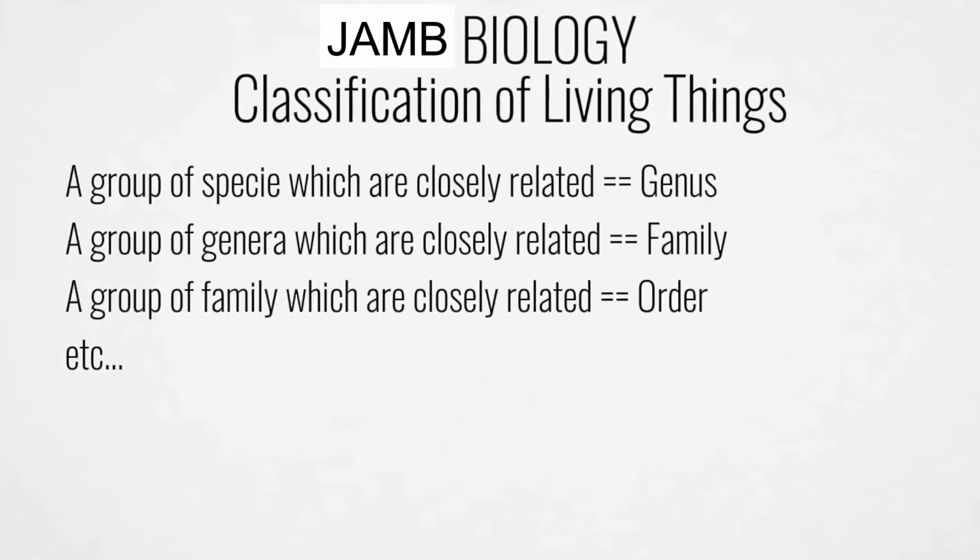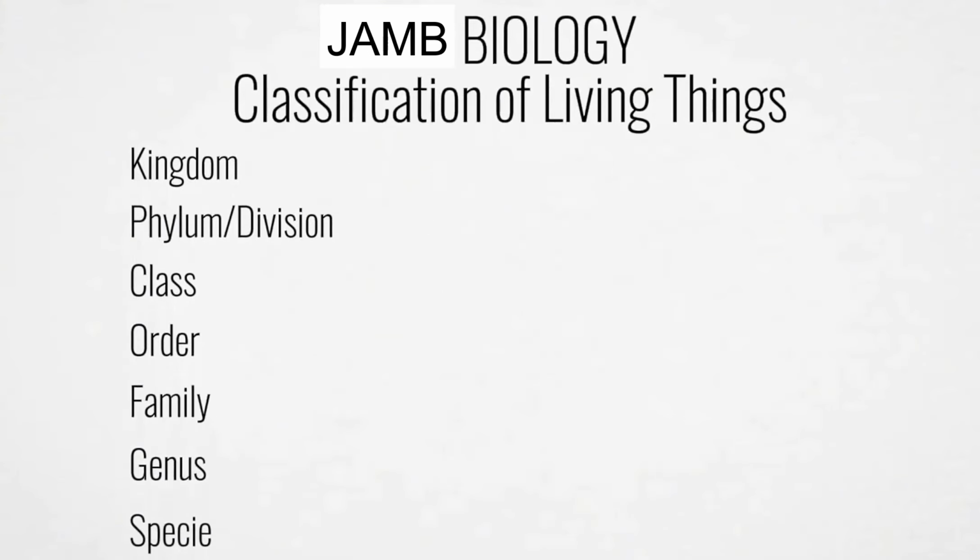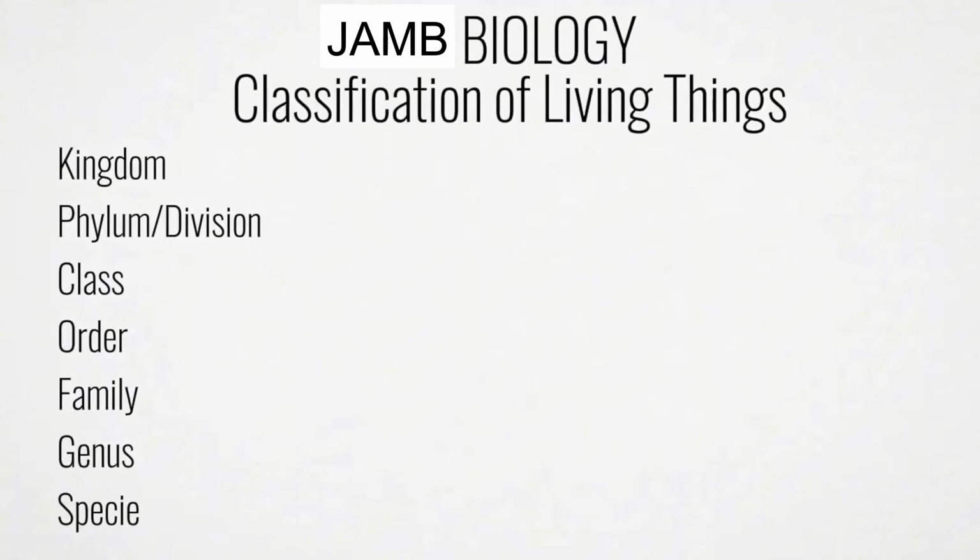So the kingdom is the highest hierarchy here, although there is another hierarchy known as domain, but for the purpose of this class, we will stop with the kingdom. So let us consider the classification of a human being. In considering the classification for any organism, we have to follow this hierarchy: kingdom, phylum, class, order, family, genus, then species.